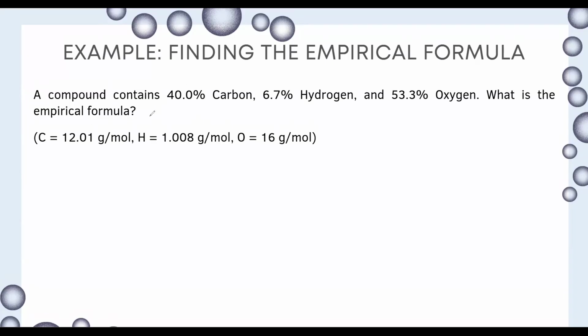A compound contains 40.0% carbon, 6.7% hydrogen, and 53.3% oxygen. What is the empirical formula? So you have seen over here, they've given us the carbon equals to... All these over here are the atomic masses of all the elements they have mentioned.